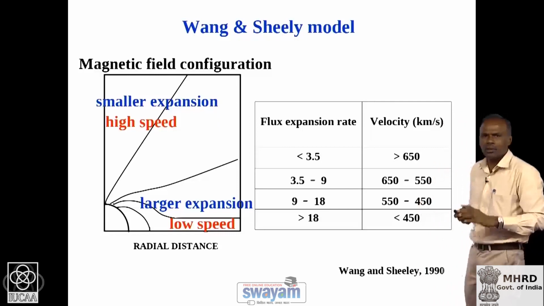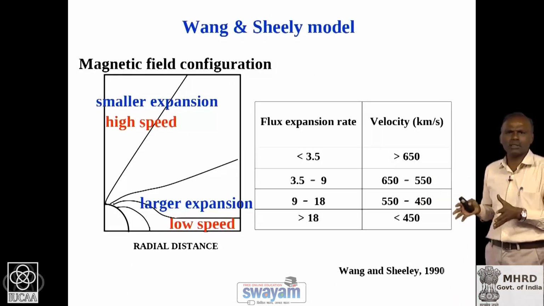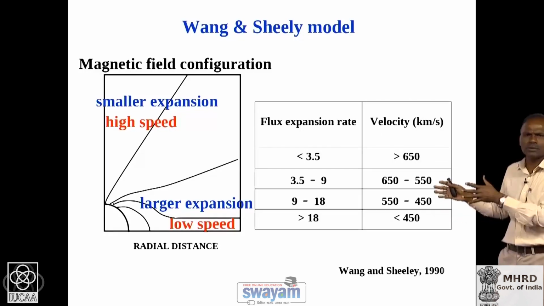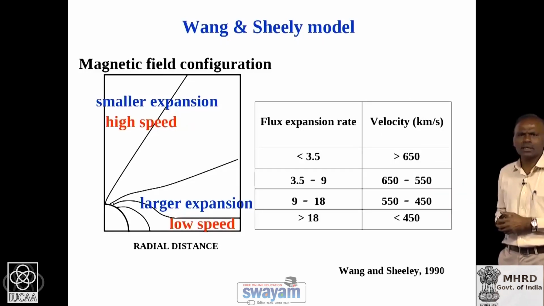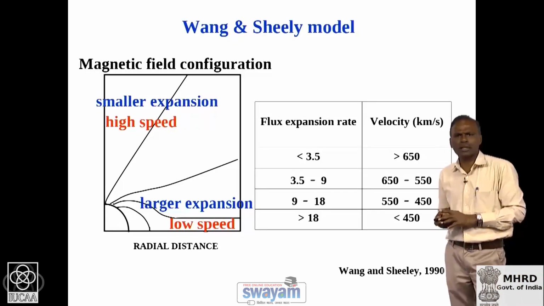For example, here the expansion rate less than about 3 gives a velocity greater than 650, and the expansion factor of something like 3 to 9 gives 650 to 550 kilometers per second, and the expansion factor greater than 18 gives less than 450 kilometers per second.